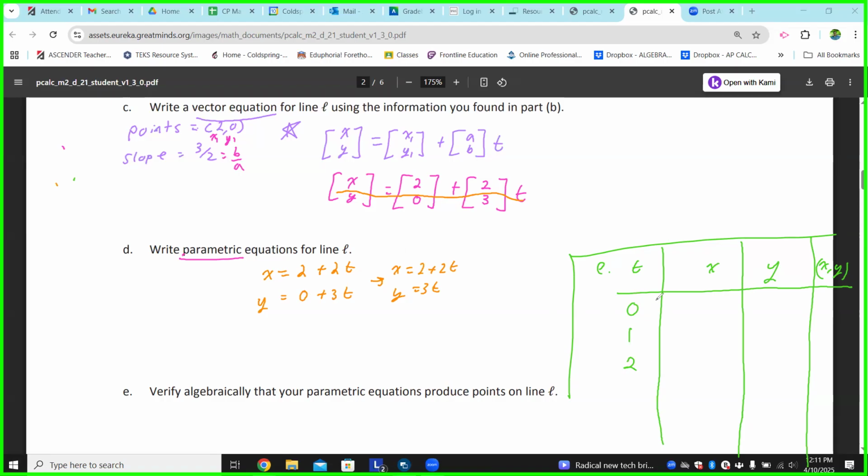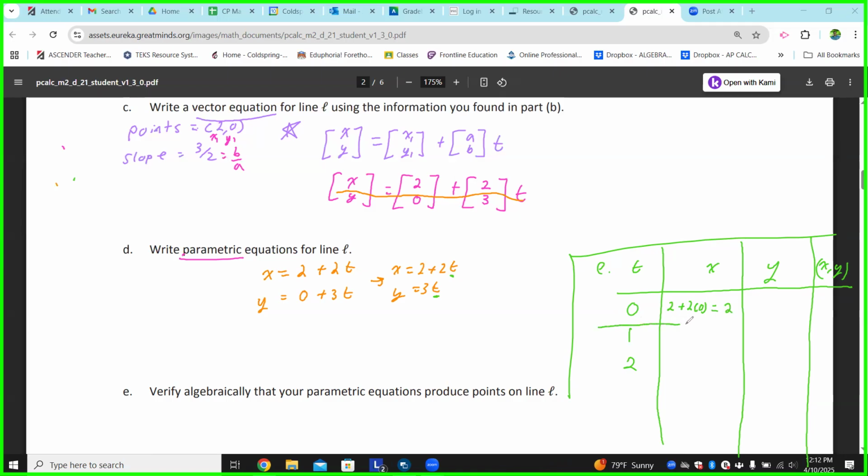So what I do is I take this time, and since both of these equations have time in them, I'm going to take these values and plug them into each one of these t's to work out the answer as a coordinate. That means this will now be 2 plus 2 times 0. What's 2 times 0? And then what's 0 plus 2? 2.